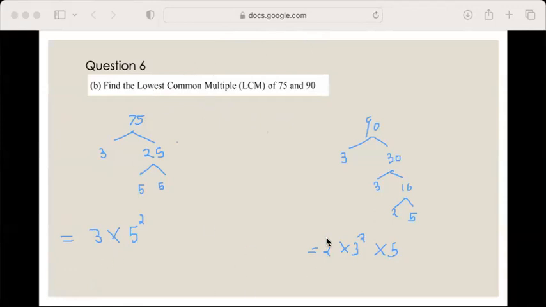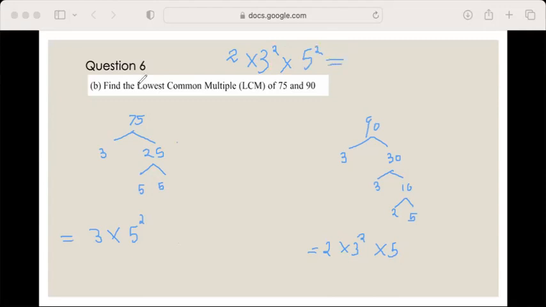Here 2 is a factor, here 2 is not, so highest of 2 is 2. Highest of 3 is 3 squared. Highest of 5 is 5 squared.